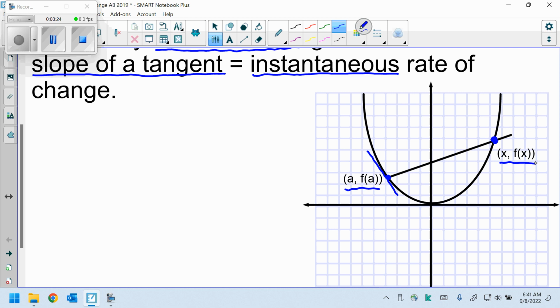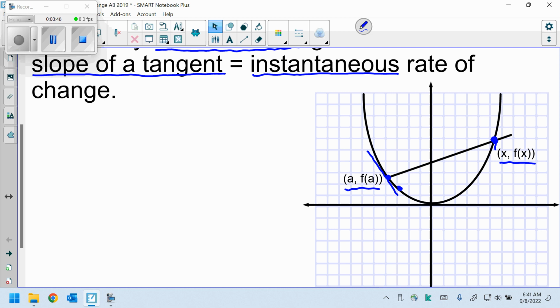But what if I took that point, let's try it again. What if I took that point and moved it closer over here? What if I moved it maybe right there?